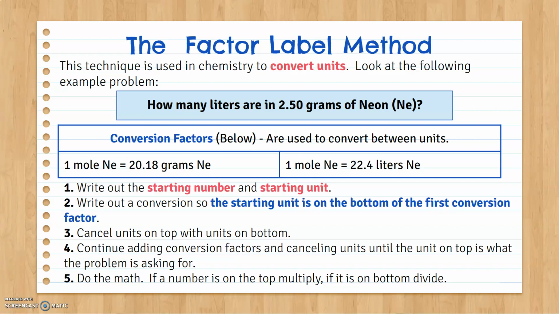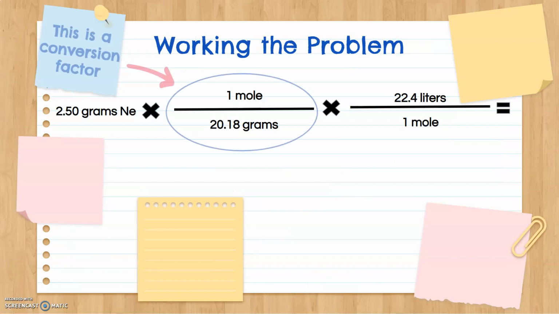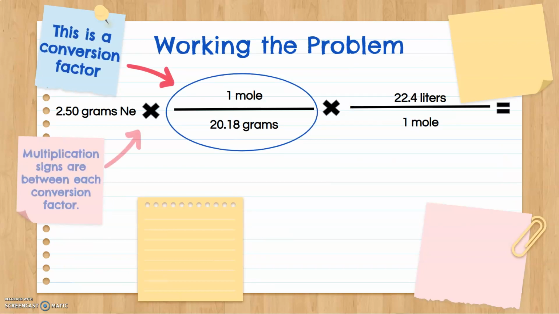Now, you're going to cancel units out if they're on the top and the bottom. Just like in math, think of it as things in the numerator and denominator are the same, they're going to cancel out. Well, same thing's going to happen with our units. We've set ourselves up for success here because the grams will cancel, because the grams are on the top and the bottom of the conversion factor.